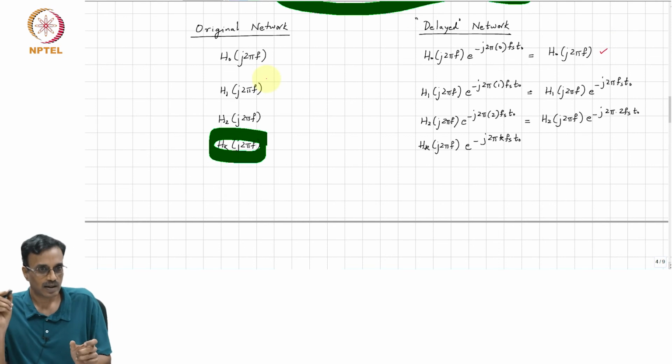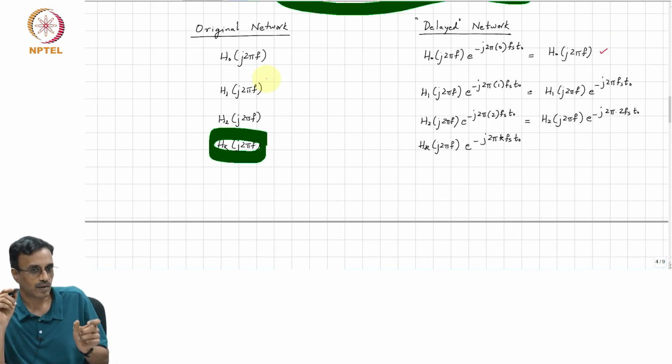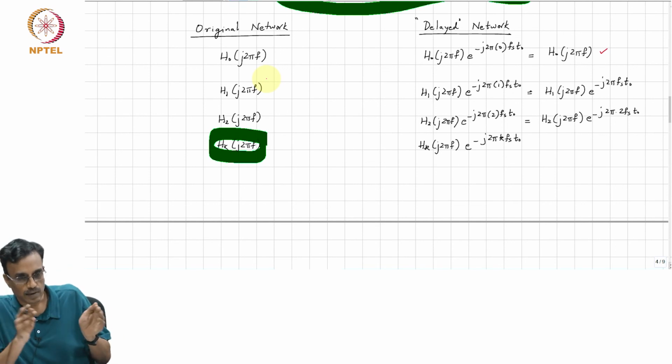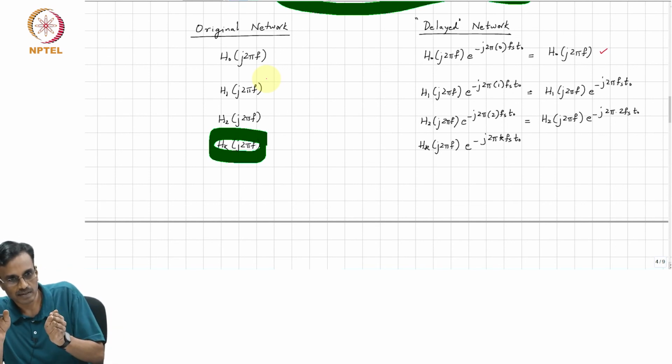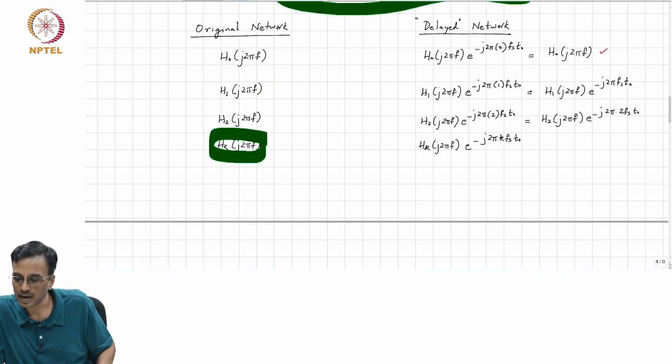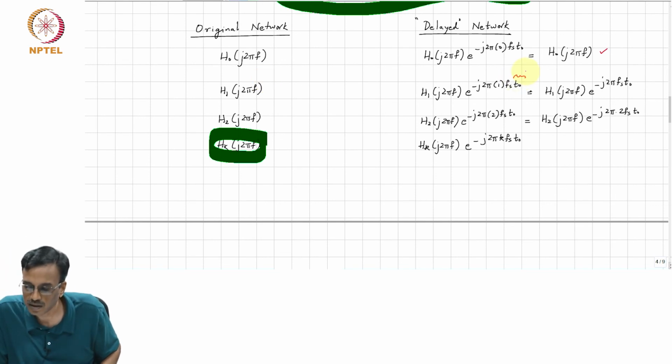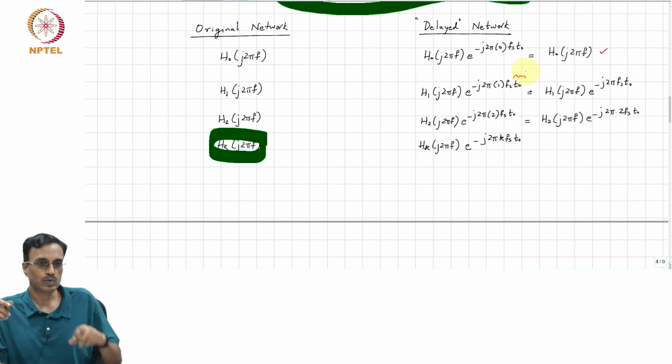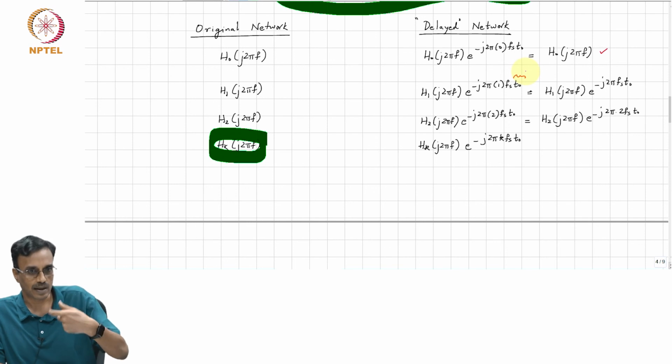H sub 1 basically quantifies the gain of the sinusoid at f s. If you delay a sinusoid at f s by a time delay t naught, how much will be the phase shift? It will be 2 pi times f s times t naught.